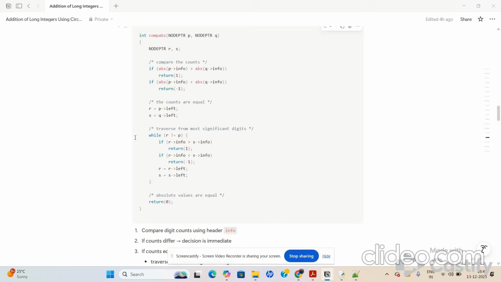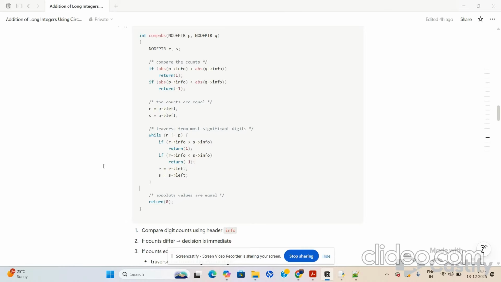But if the counts are equal, you traverse the list from most significant digits and you compare digit groups one by one till you encounter the least significant digits. So once you encounter least significant digits, if even the least significant digits are also same, then it indicates that both the absolute values are same, and in that case you are going to return 0.